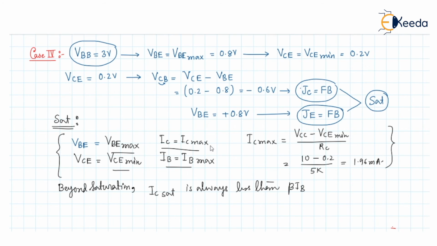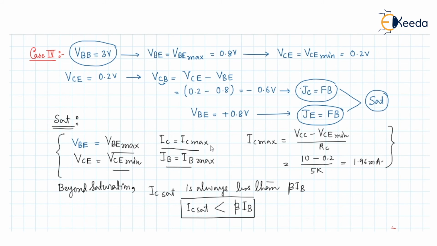So we can say that IC sat will be less than beta IB in the saturation region. This is how the transistor changes its operation automatically due to the application of different VBB voltage.